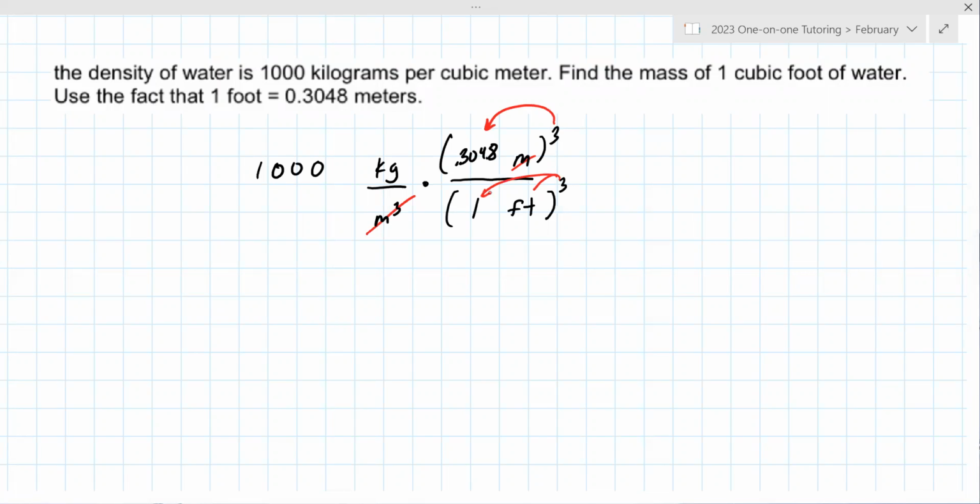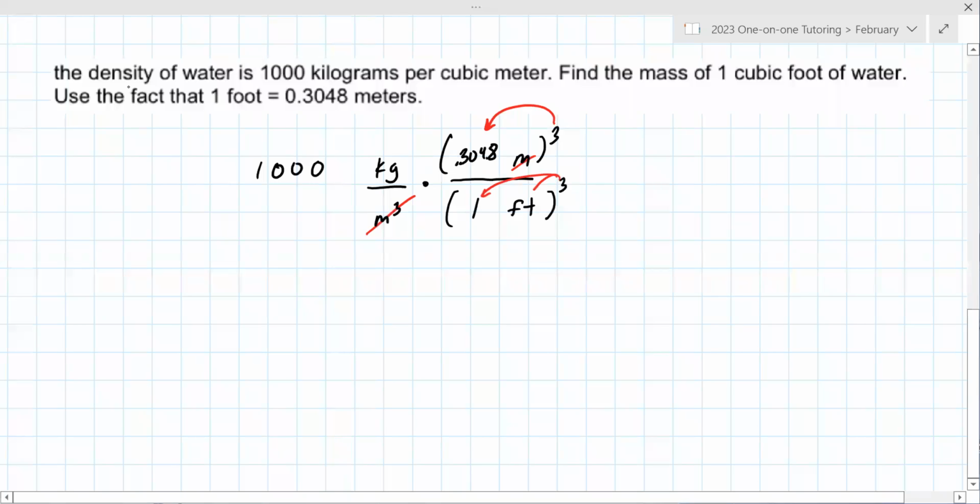So 1,000 divided by 0.3048 cubed. Wait, hang on. Your answer, you got the right thing on your calculator, 28 point, right? Decimal point, not a comma. And it doesn't say what to round to. Let's just round to 1 decimal place.